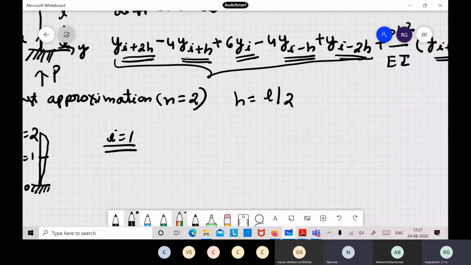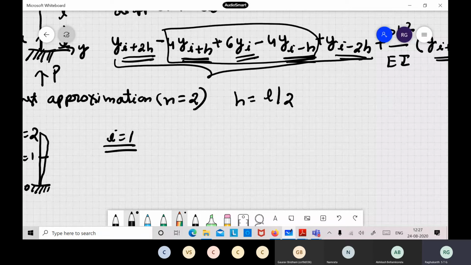I plus h and i minus h means y2 and y0, so this information we have. But to compute the fourth derivative, you should also know i plus 2h, that means a third point is required, and similarly y of i minus 2h also you have to know. So these are the problems you see when you try to solve the higher order derivatives.